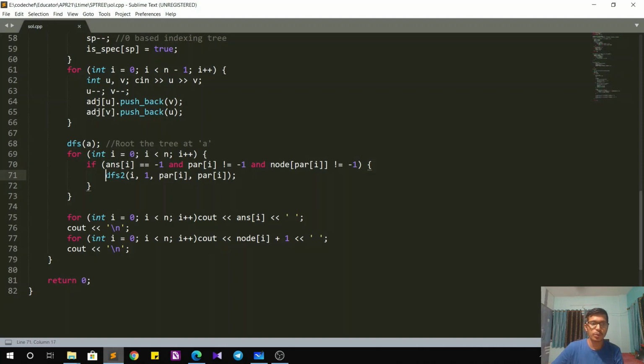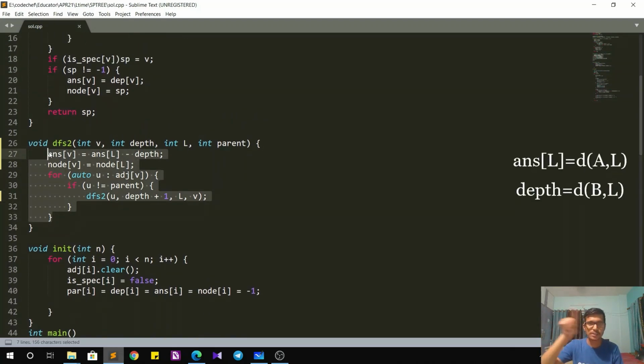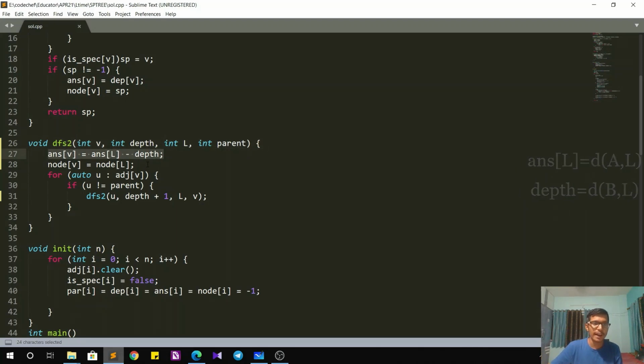So we do a DFS from this node. The DFS2 will be for that smaller subtree, and the condition for that is the current node must be of type Q and the parent should not be -1, which is essentially the parent should be of type P. If all these conditions are satisfied, I do the second DFS, and in that second DFS, the answer for each node in that smaller orange subtree is nothing but A comma L, that is answer of L, minus the current depth, that is D B comma L. I am storing that over here, and everyone is paired with whatever is the answer of the L node.